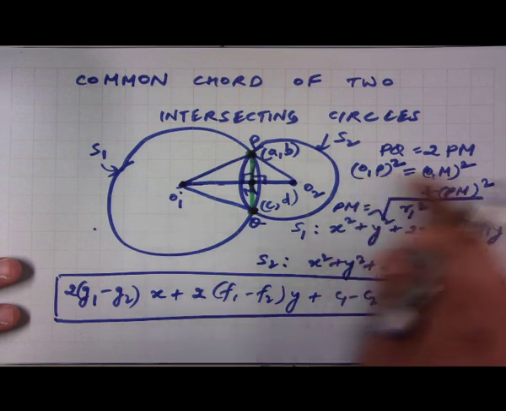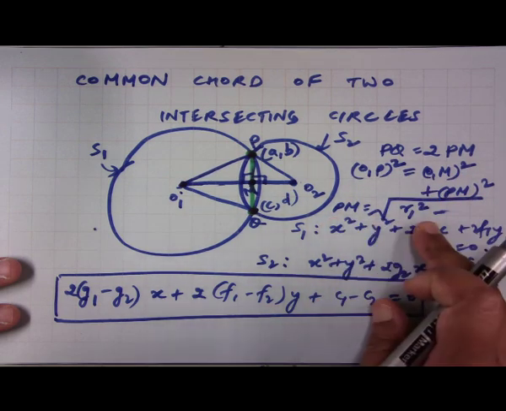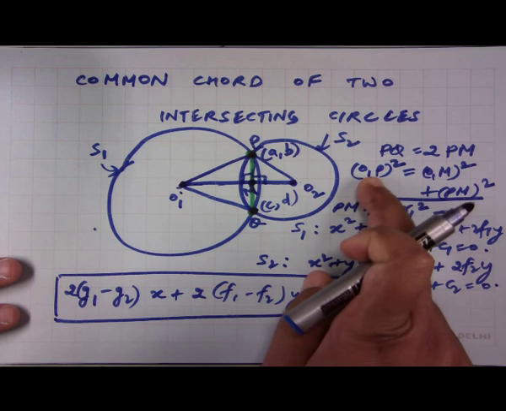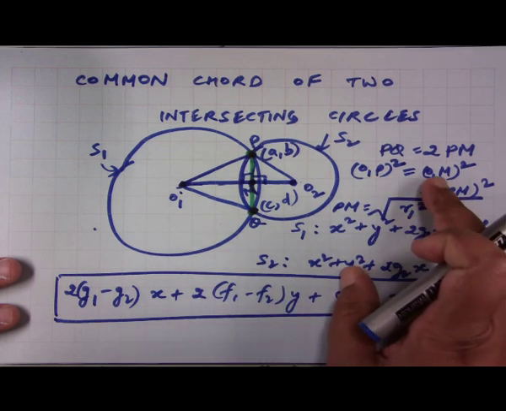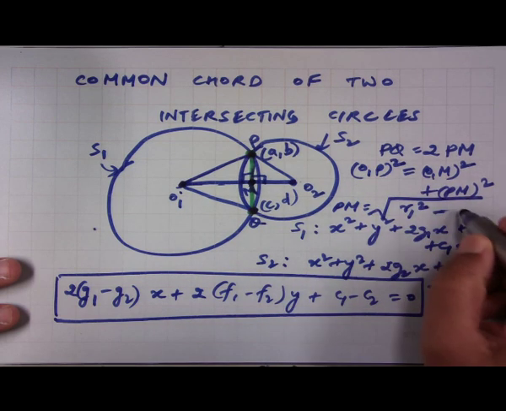So, PM equals square root of R1 square minus O1M whole square.